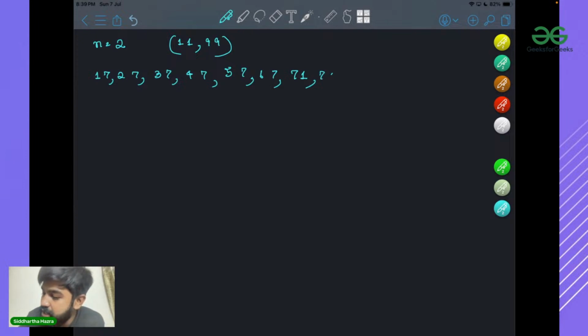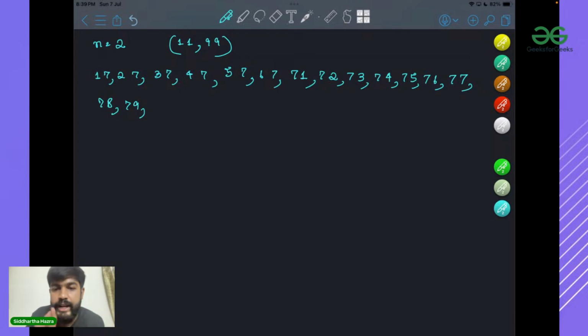Then 72, 73, 74, 75, 76, 77, then 78 and 79. Then again, the general trend, it would be 87 and then 97.